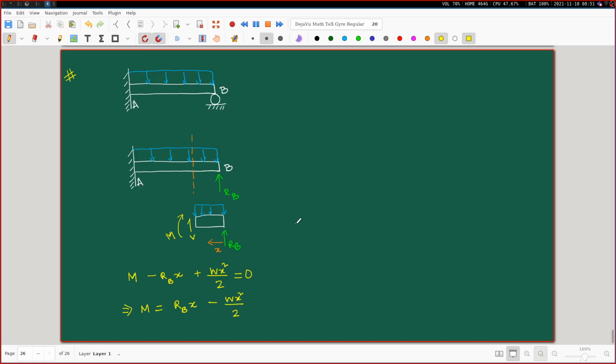Okay, now I am going to determine the deflection. So deflection will be integration 0 to L M by EI del M by what?